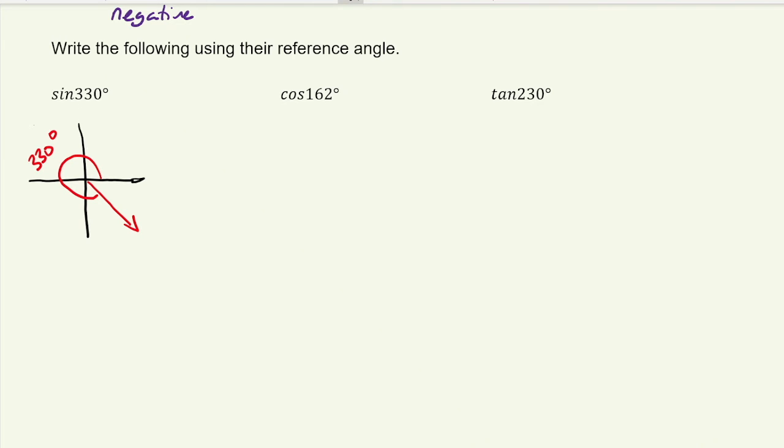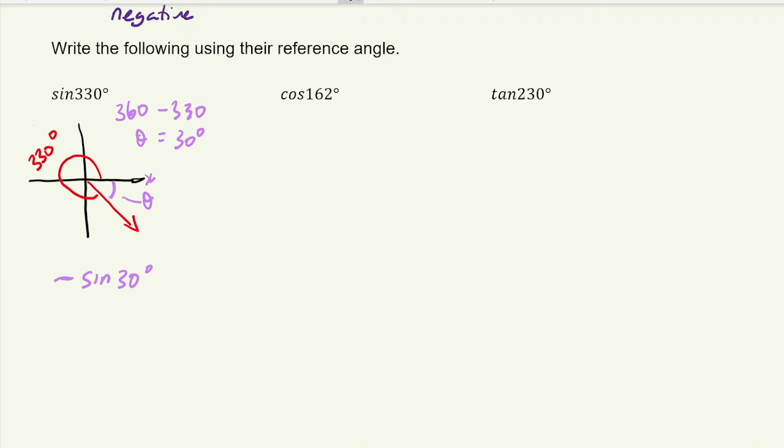And it's the reference angle in here. So we want to come off that x-axis. Okay, we want to make sure we're coming off the x-axis. So it's going to be theta. So we're going to go 360 minus 330. So theta equals 30 degrees. But it is going to be sine 30. So we want minus sine because we're in the fourth quadrant. So it's going to be minus sine 30.